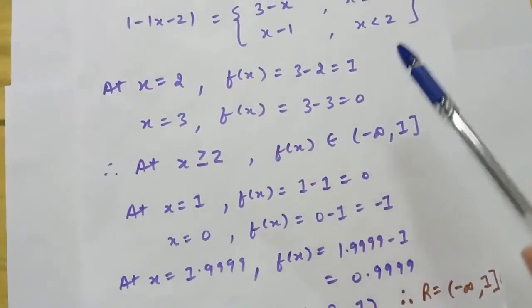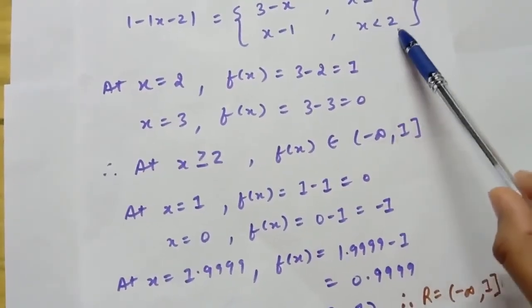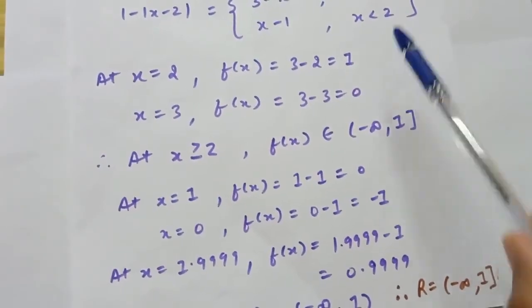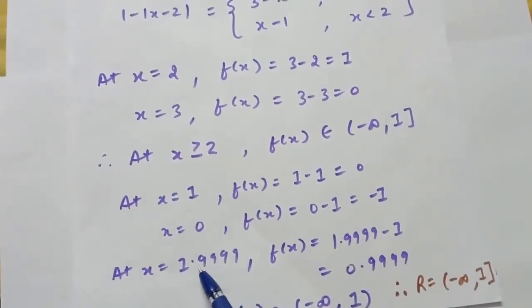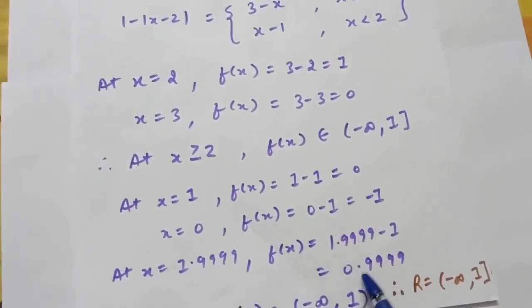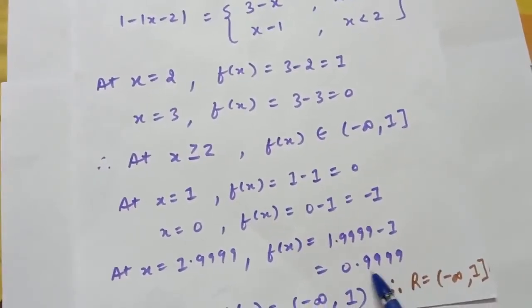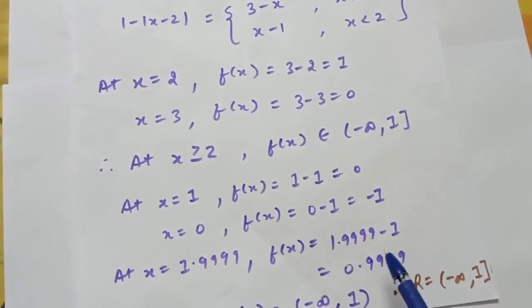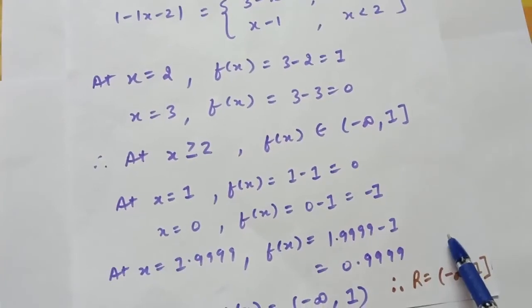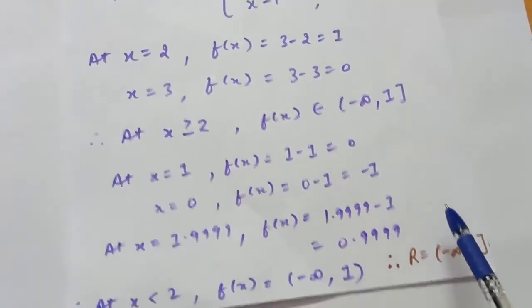Now see, x here is less than 2, that is very close to 2 but not equal to 2. So if suppose I take the value 1.9999, then f(x) will be 0.9999, that is the value of f(x) will be very close to 1 but not equal to 1.